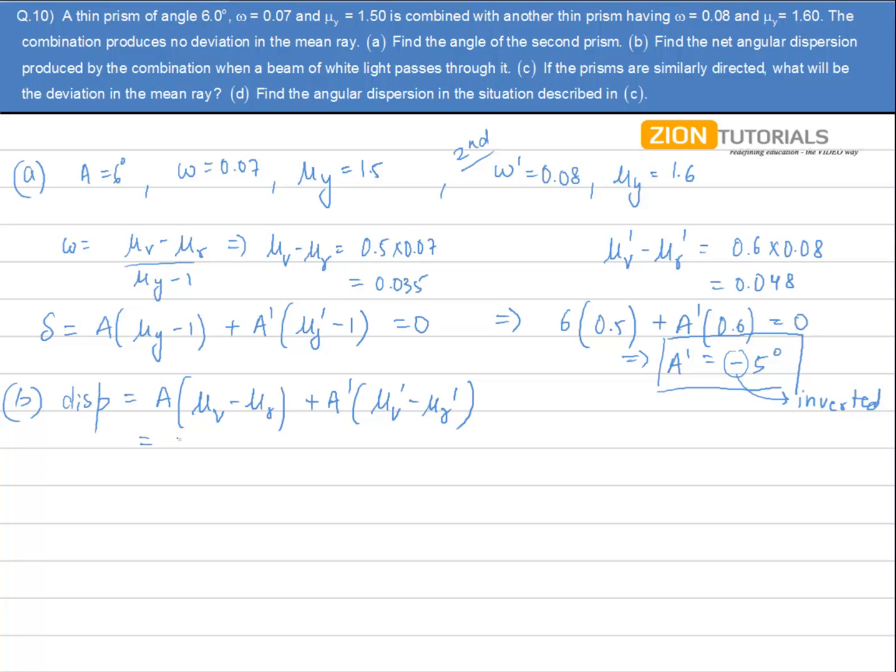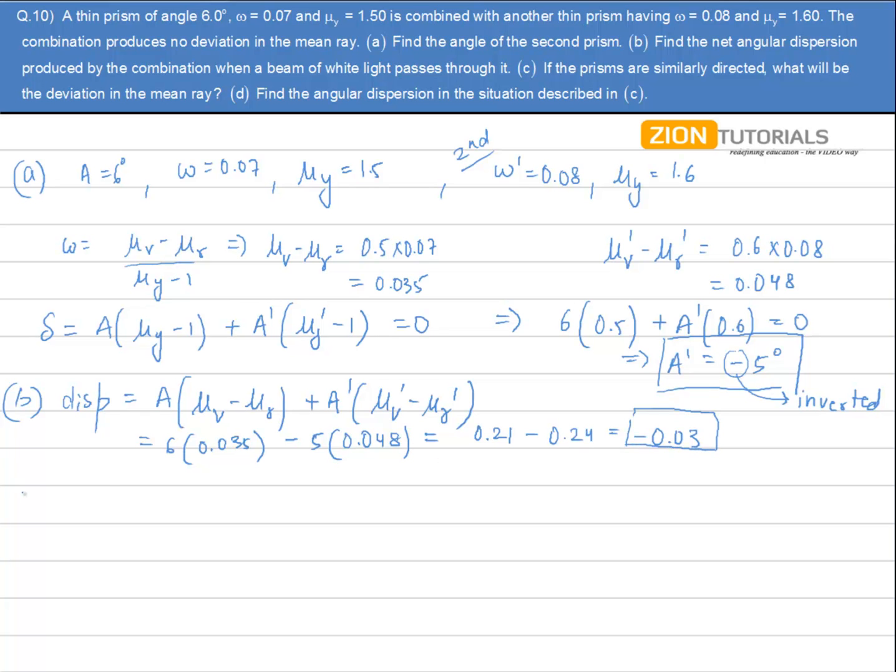So this would be equal to 6 into 0.035, which we calculated, minus 5 into 0.048, right, which would be equal to 0.21 minus 0.24. So this would be equal to minus 0.03, right? So this is the net angular dispersion.